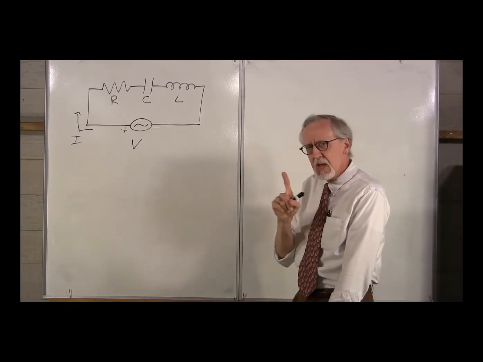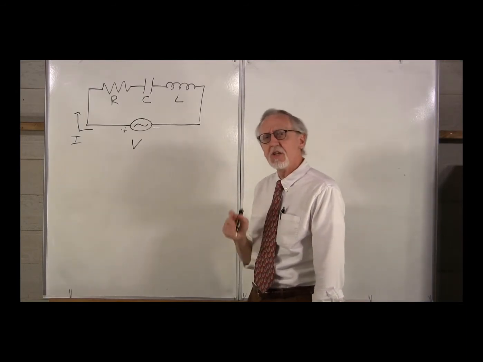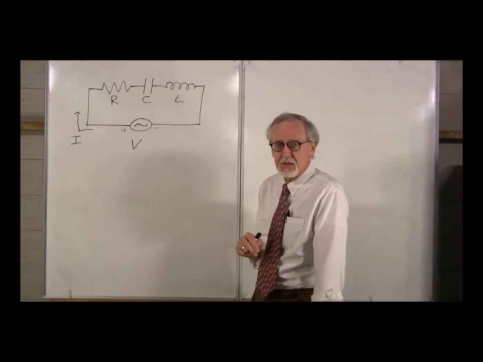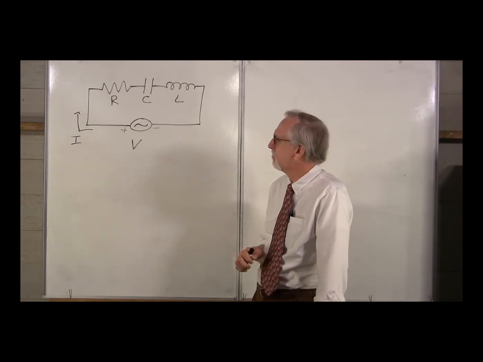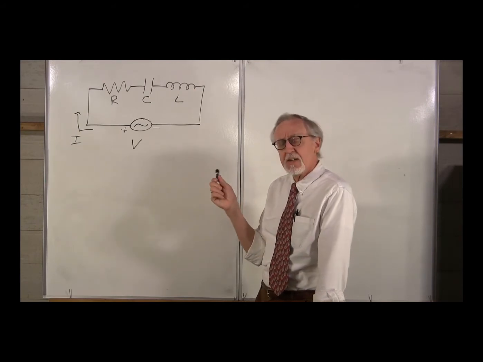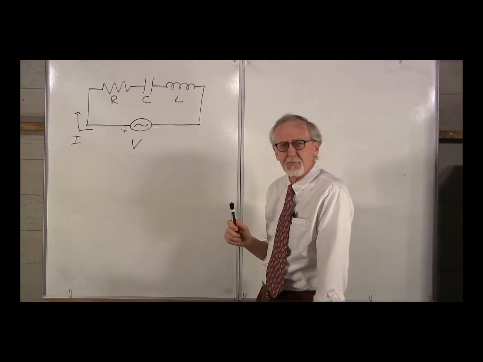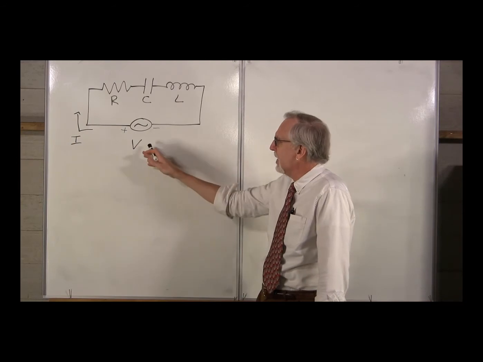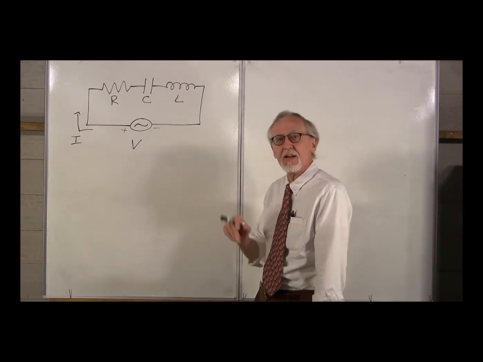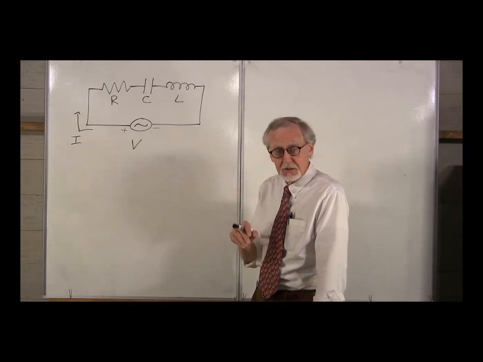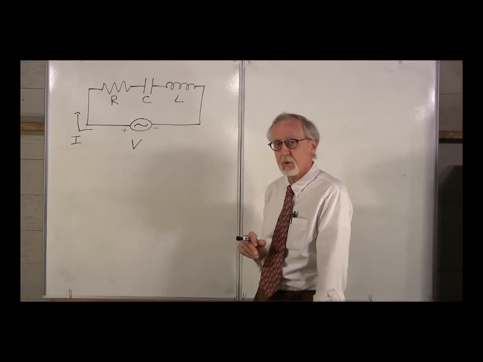Now, rather than defining our voltage as V naught sine omega t like we did last time, let's just think about this for a second. Let's try and make this easy on ourselves. Last time, when we were looking at all these things by themselves, we applied the same voltage, V naught sine omega t, and then we found those different currents, and some of the currents were not in phase with the voltage.